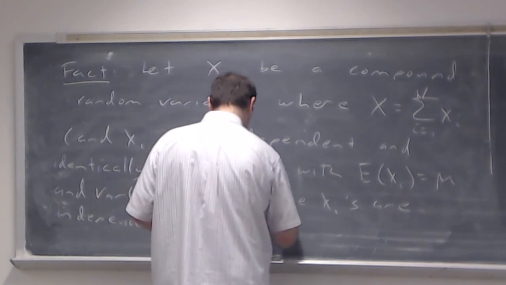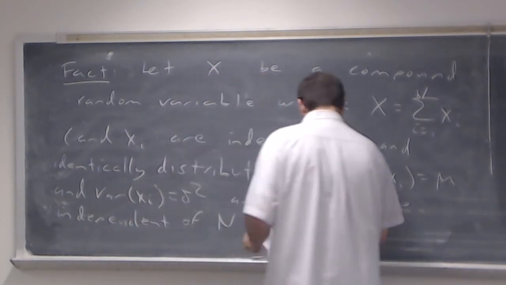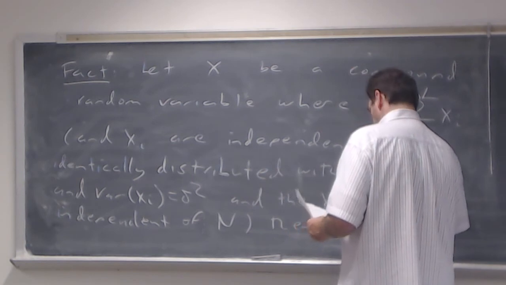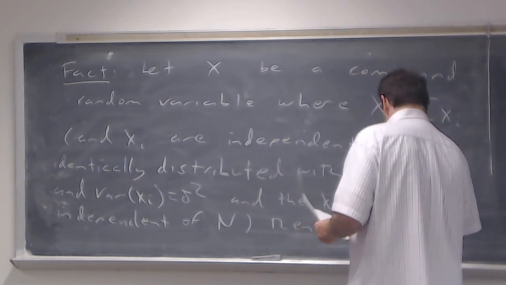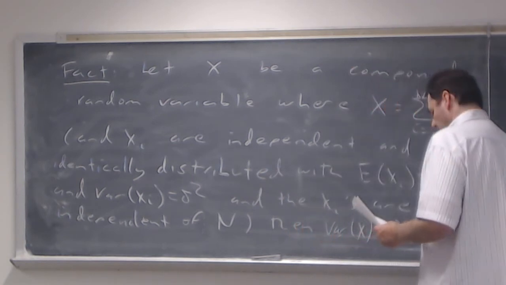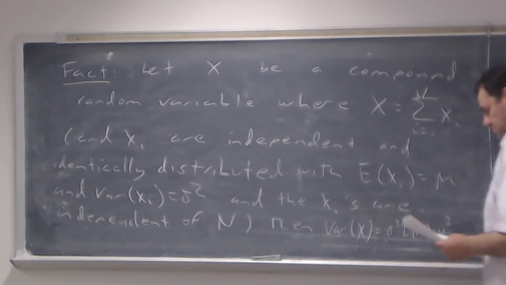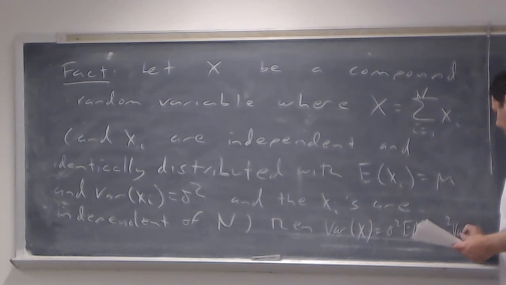then the variance of x is equal to sigma squared times the expected value of N, plus mu squared times the variance of N. So that's our formula for what the variance of x is.